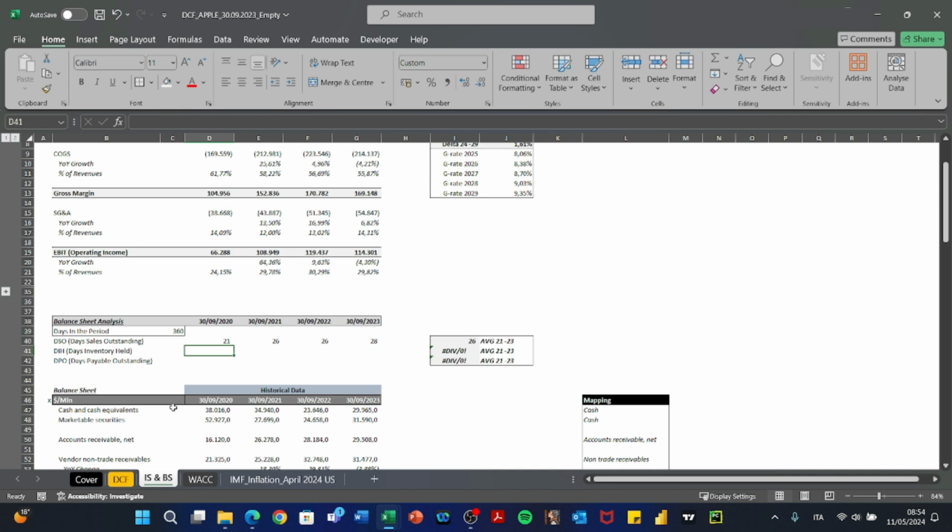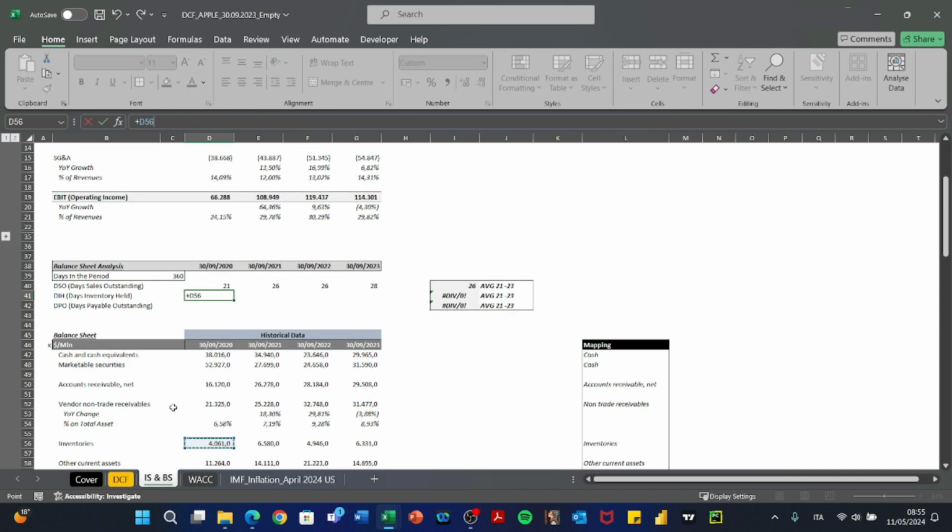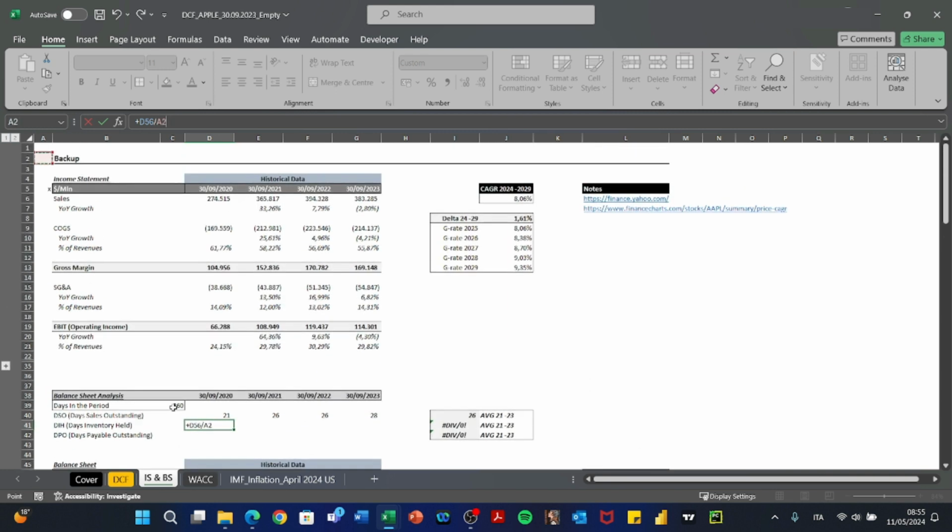So the days inventory held can be calculated just by dividing the inventories by the COGS times the days in period. Okay.